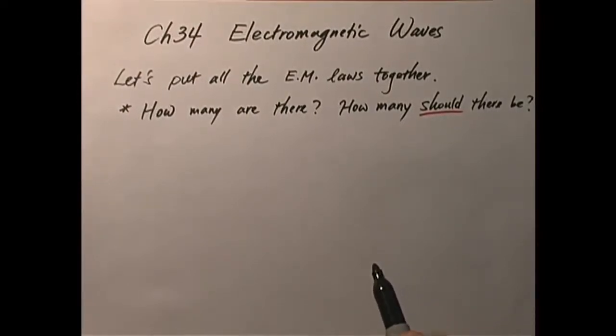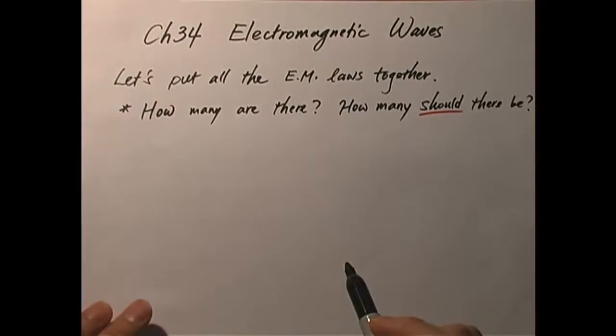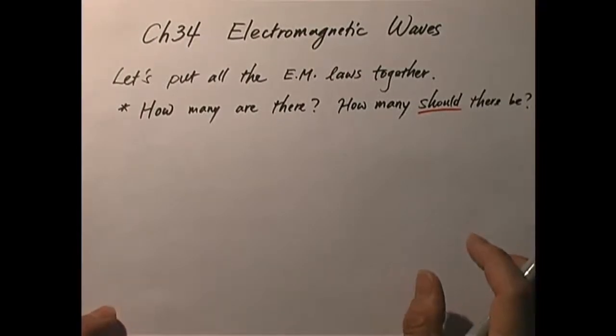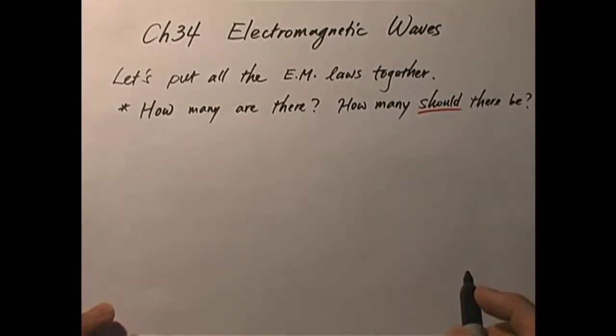And why 4? Why is 3 not enough? And could there be a 5th or more laws describing the electromagnetic fields? Well, it turns out this question can be answered from a mathematical point of view.